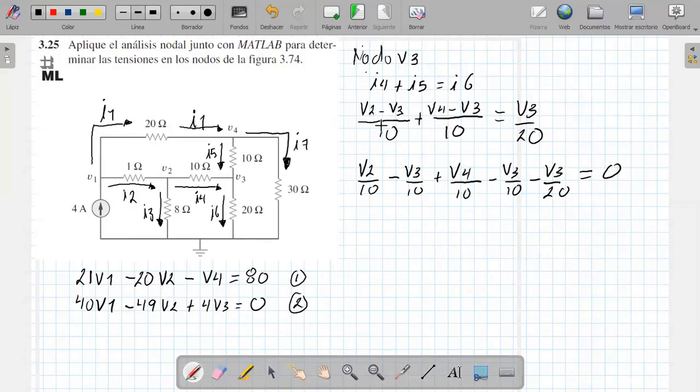Let's operate: whatever has V2, only this variable, would be V2 over 10. Whatever has V3 would be these, minus V3 over 4, plus V4 over 10.